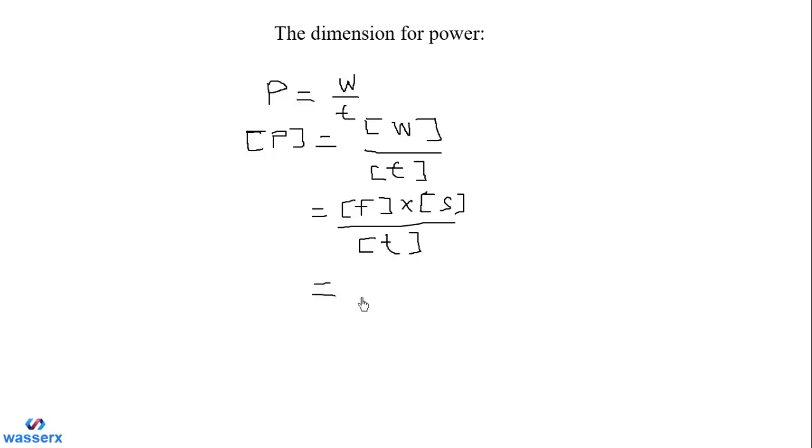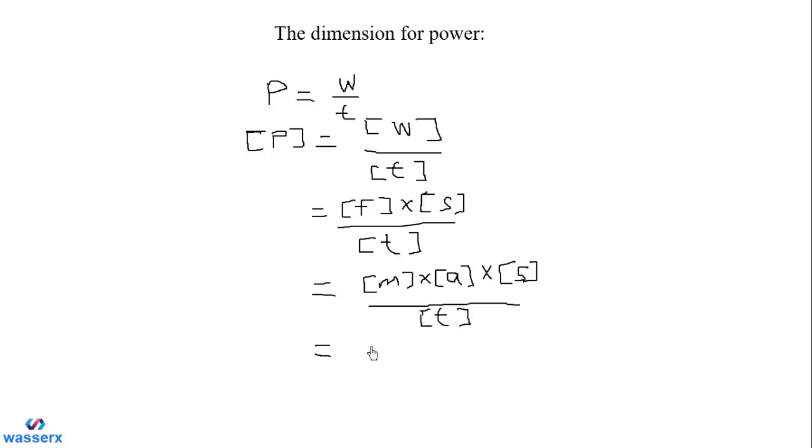Since force is equal to mass times acceleration, we can further write that the dimension for power is equal to dimension for mass times dimension of acceleration times dimension of displacement, all over dimension of time.